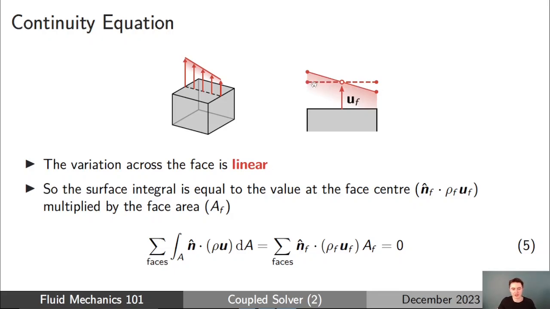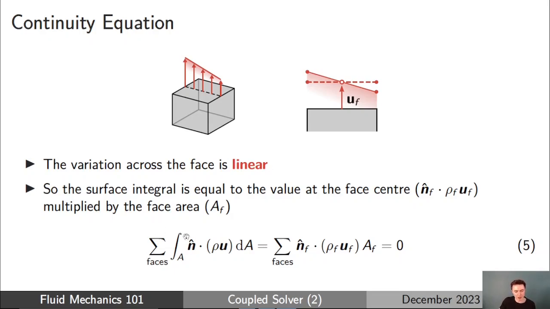Or you can think about this visually as the area under the dotted line is equal to the area under the solid line. And it actually doesn't matter what the gradient is. You could change the gradient of that line as long as the value is pinned at the middle. The area under the solid line will always be equal to the area under the dotted line.